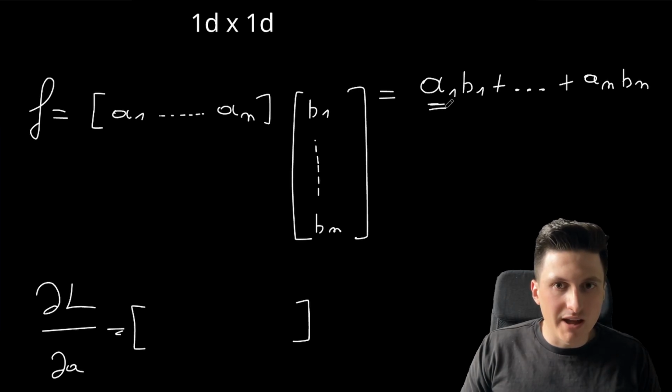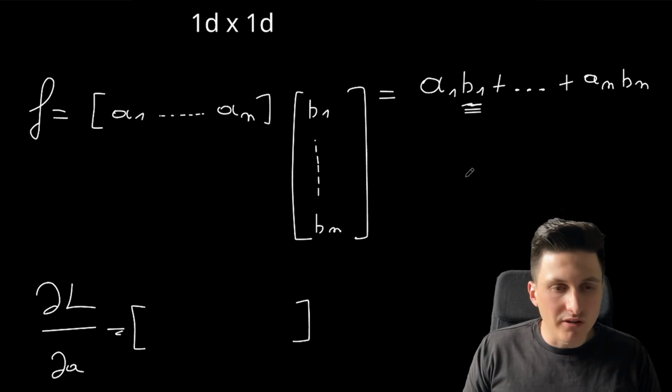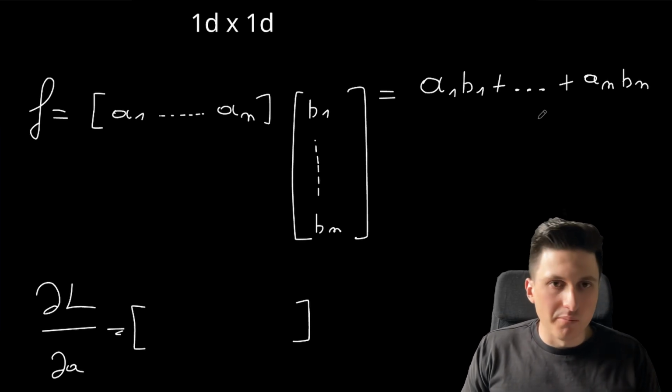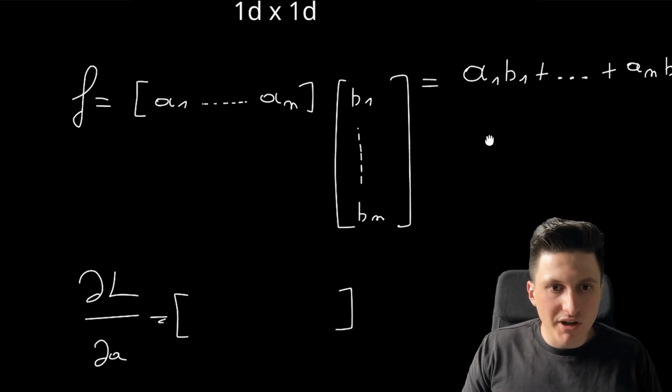So for example, for A1, if we take the derivative of the output with respect to A1, it will be B1, the local derivative, and you also need to propagate the derivative of the loss with respect to the output as before.